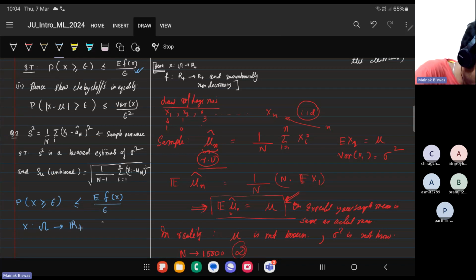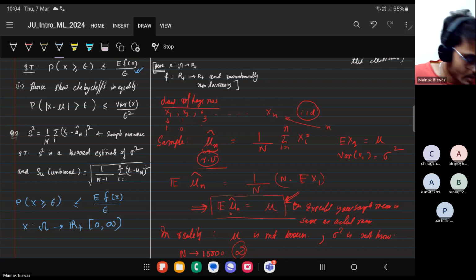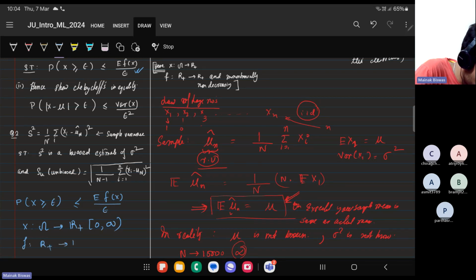That is mandatory. It should map to between 0 and infinity, not minus infinity to infinity. X must be a positive random variable, it must not take negative values. Second, f is a function from R plus to R plus, a monotonically increasing function, any monotonically increasing function.